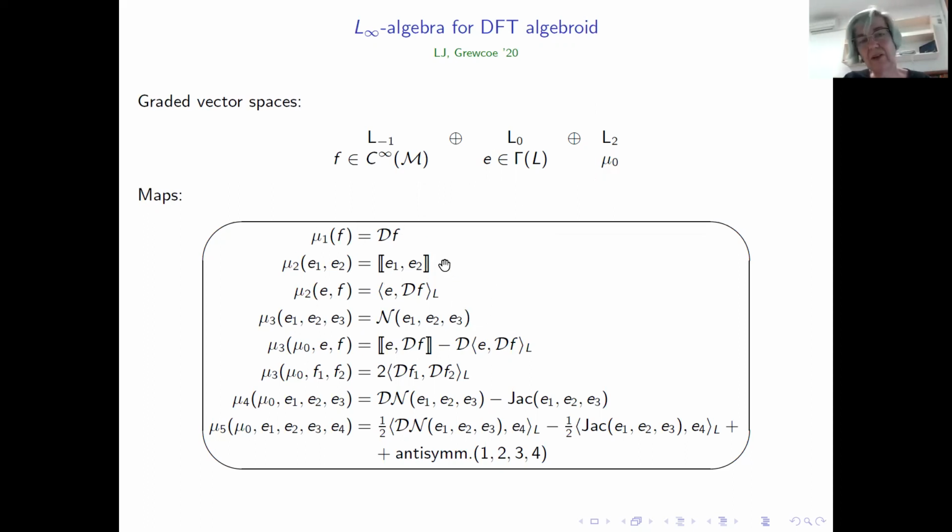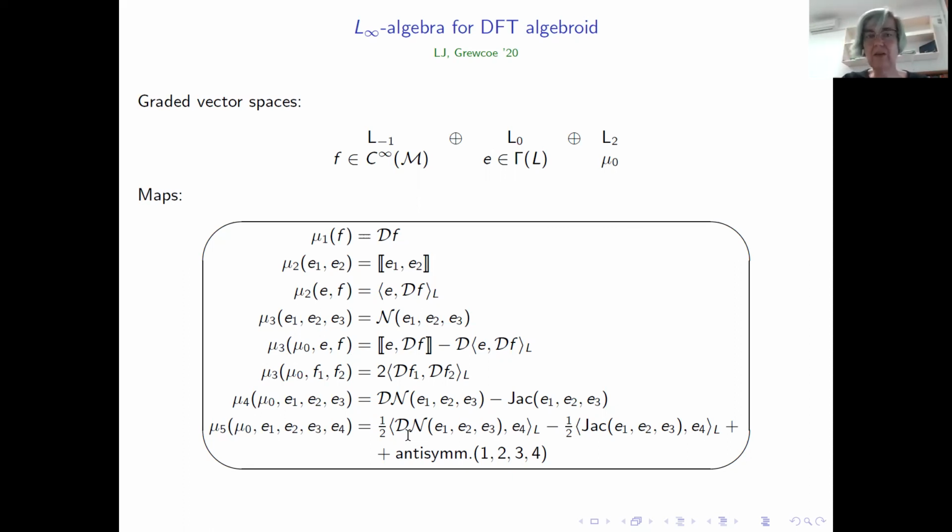So this starting point looks exactly the same formally as in the current algebroid case, but then I have these additional maps, and exactly these four, no more additional maps, which include this sort of degenerate one-dimensional vector space of constant curvature of L infinity. And these are the maps.